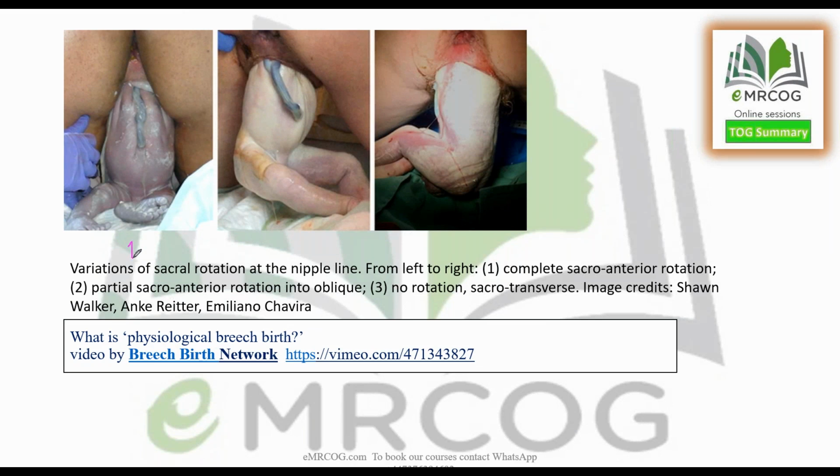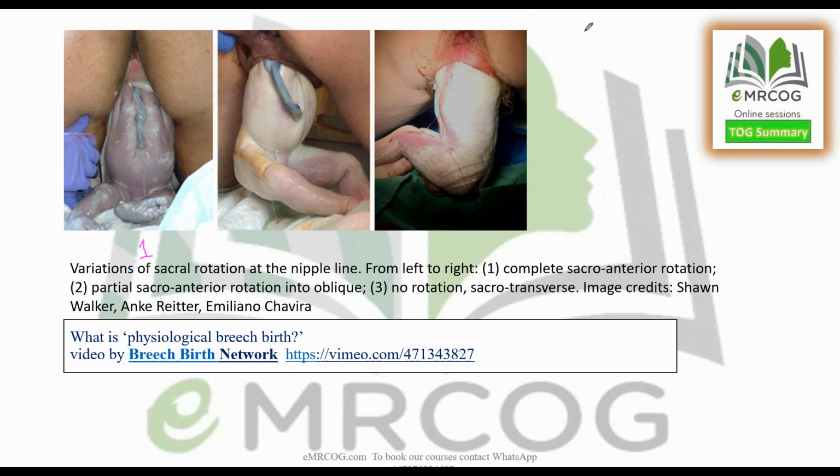So if we look at picture number one here, this is how the breech is delivered. The predominant point, the bony landmark that we use, is the sacrum, right? So where is the sacrum in this baby? Is it sacrum anterior or posterior?